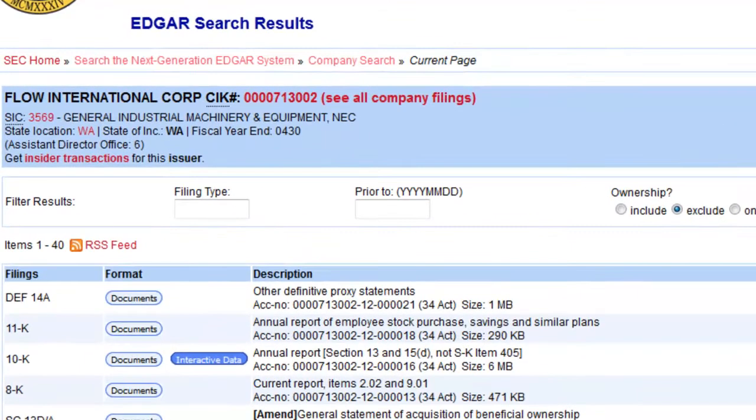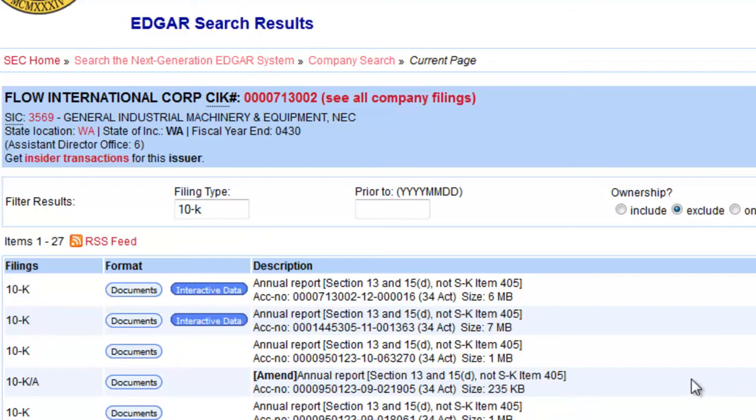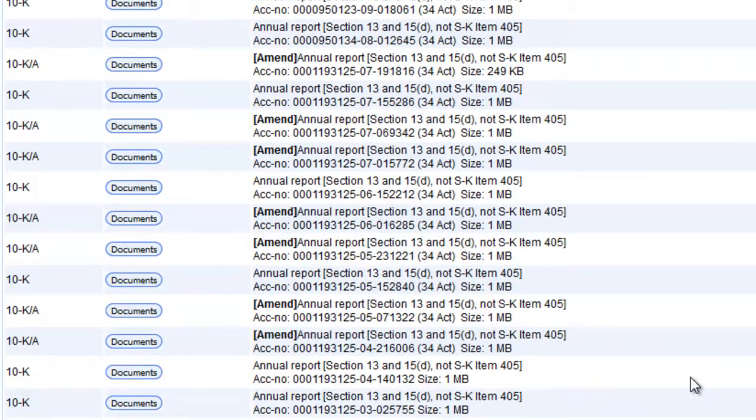The feature that I like to use a lot is filing type, and you can have various different forms displayed here. So let's say if I just wanted to see a 10Ks, so I type in 10K and search, and this is all I get is various 10Ks.